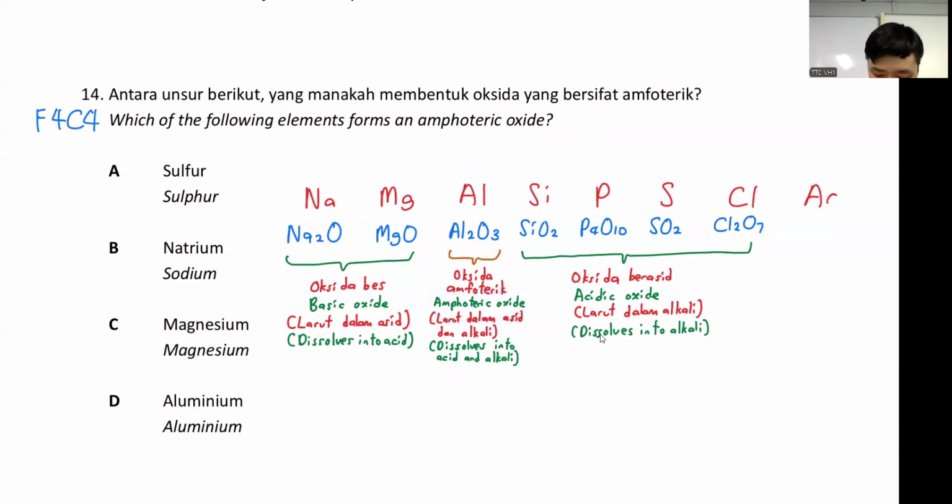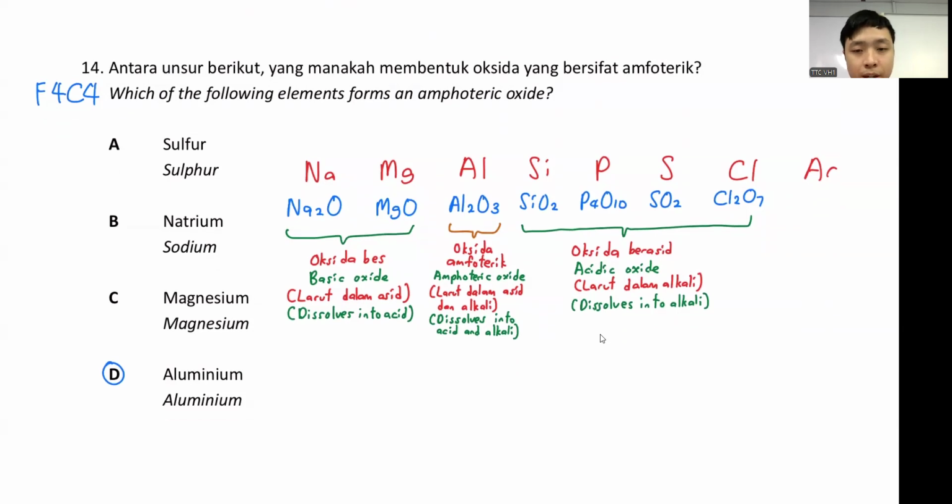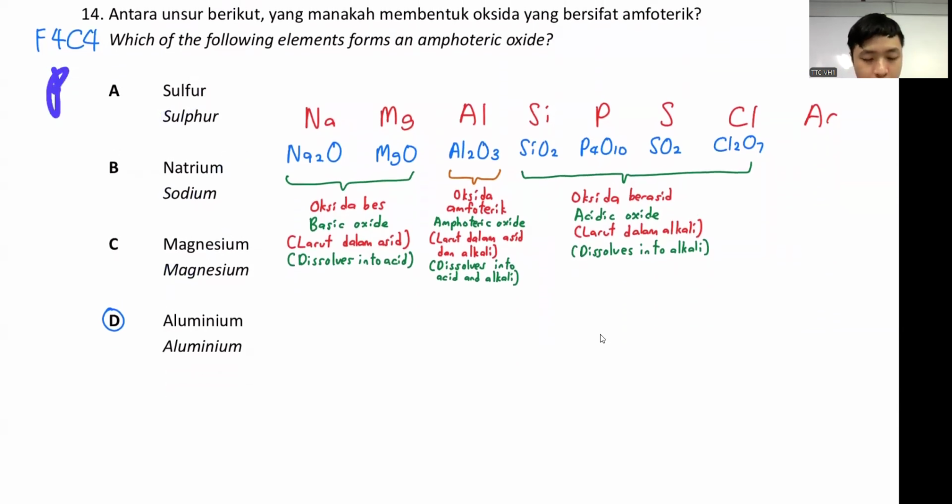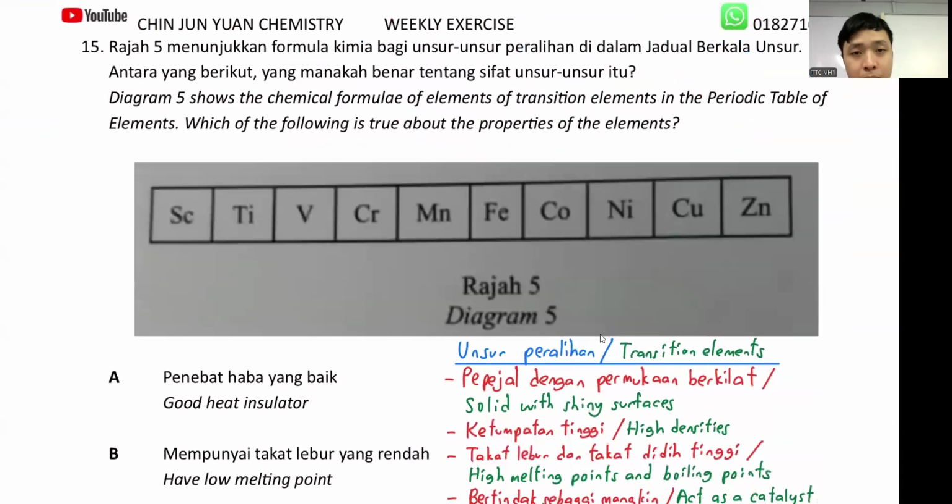So the answer is D. Magnesium and sodium form basic oxide. Sulfur forms acidic oxide. Period 3, chapter 4, 4.6.